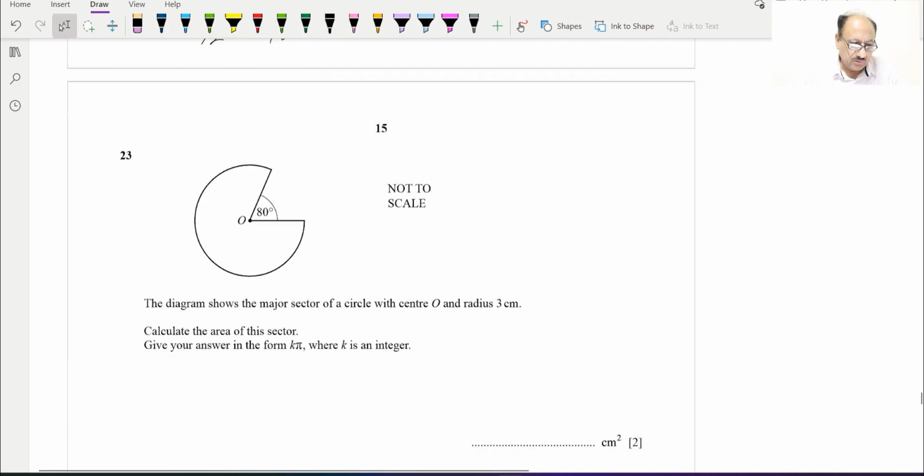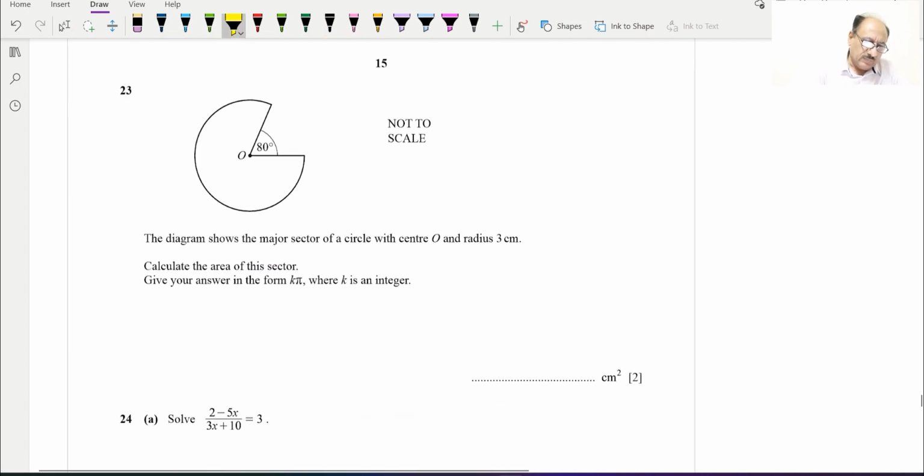Hopefully you understood this. Now question number 23, and the diagram is provided which is not to scale. The diagram shows a major sector of a circle with center O and radius 3 centimeter. Calculate the area of this sector. Give your answer in the form k pi, where k is an integer.